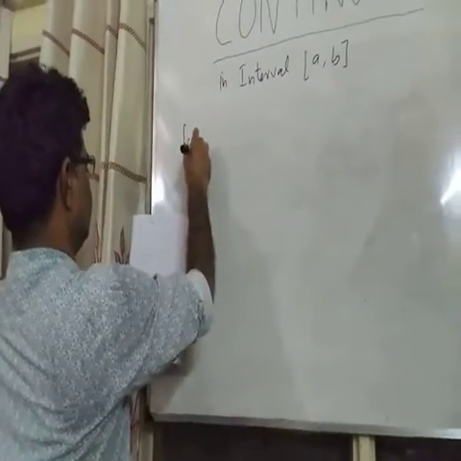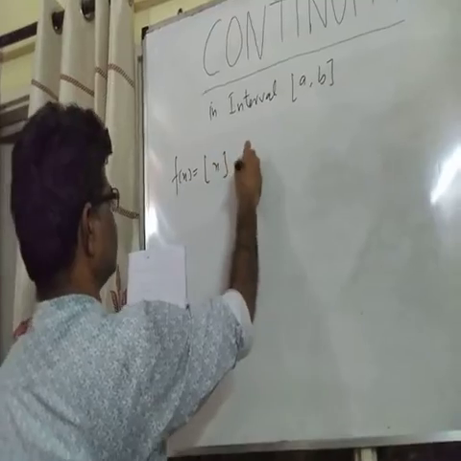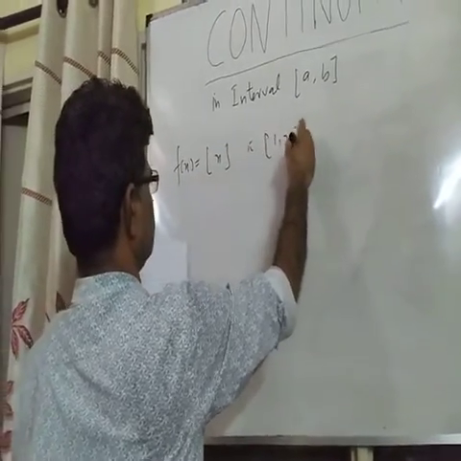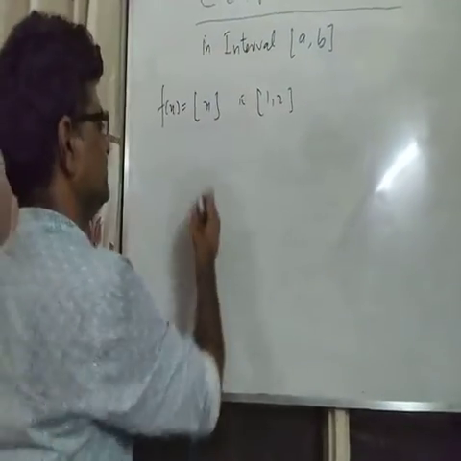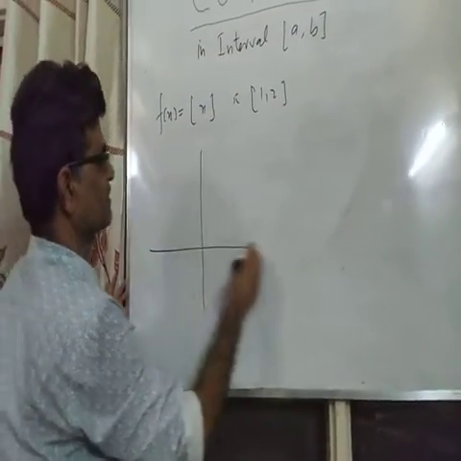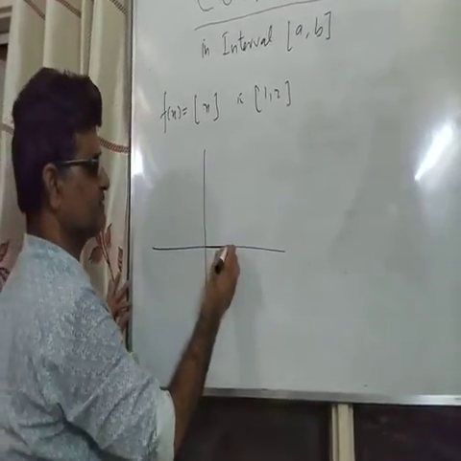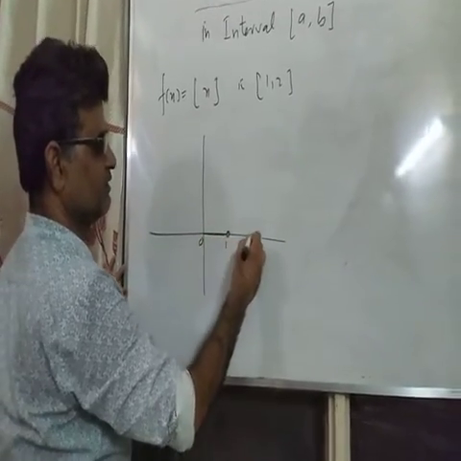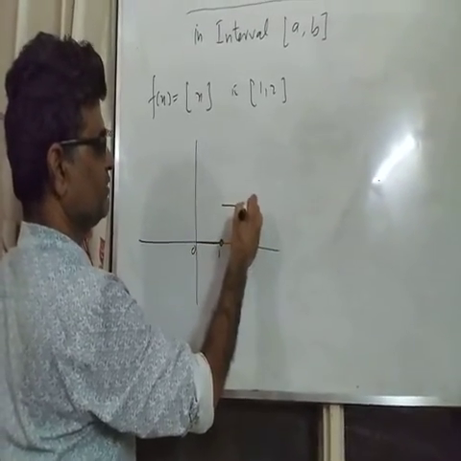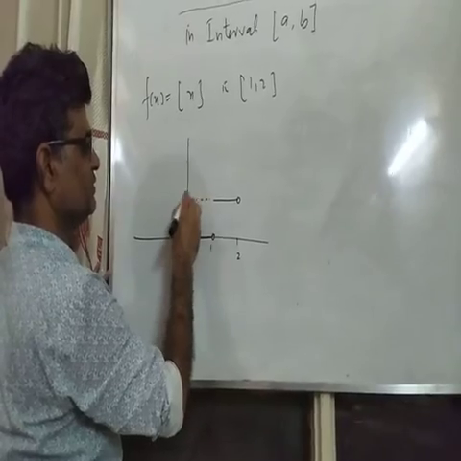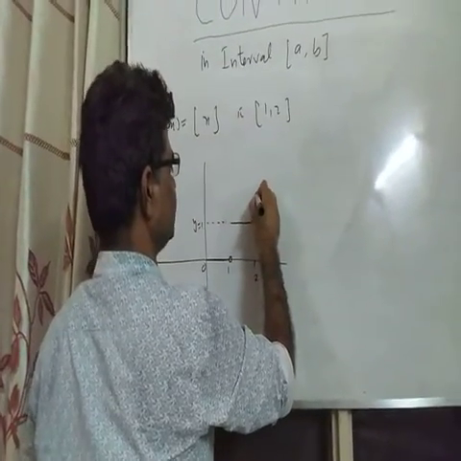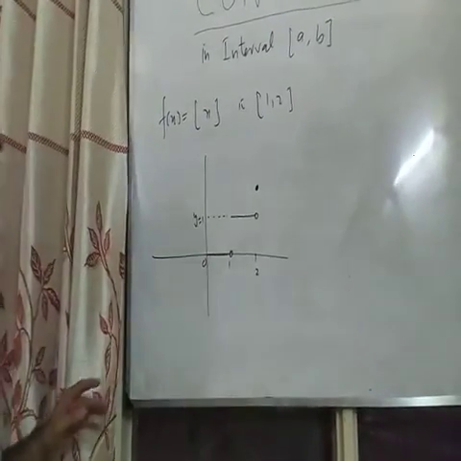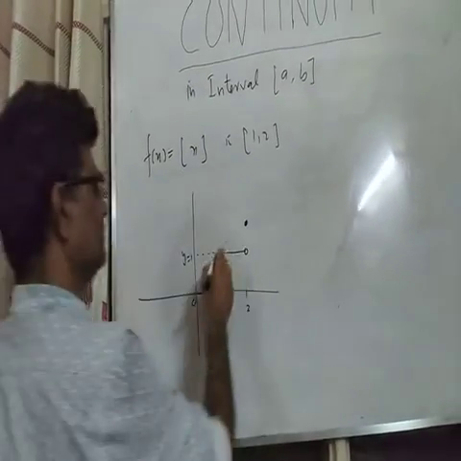We have a function f(x) equals the greatest integer of x in the closed interval 1 to 2. So we can see the graph of the greatest integer of x is 0 from 0 to 1, and it is 1 from 1 to 2, and exactly at 2 the point is here.